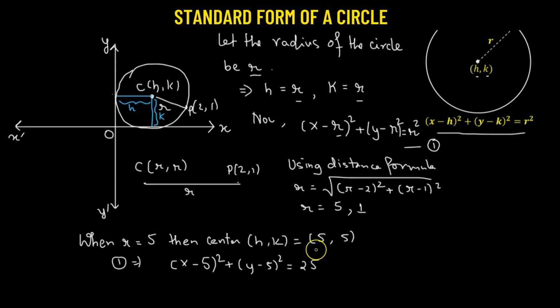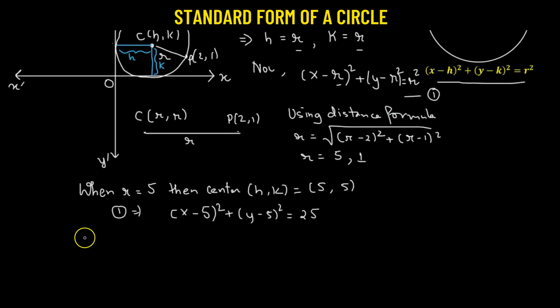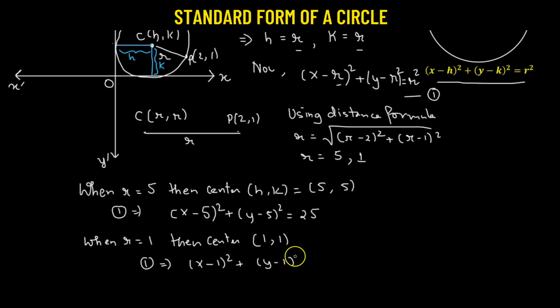So this is one solution. And when r equals 1, the center of the circle is going to be (1, 1). In that case, equation 1 will be (x minus 1) whole squared plus (y minus 1) whole squared equals the square of the radius, which is 1, since 1 squared is 1. So we have two equations, and there are indeed two circles possible.